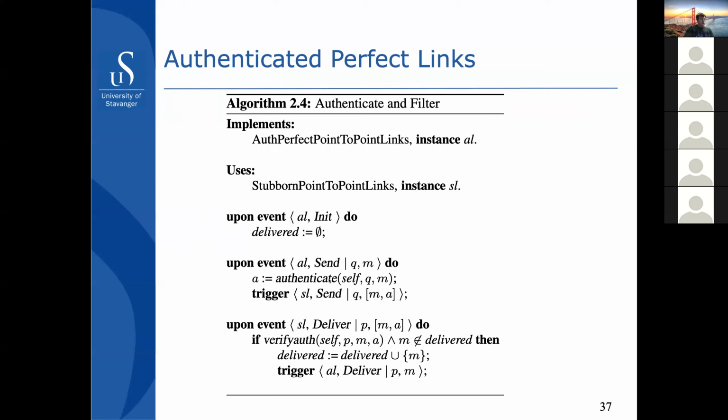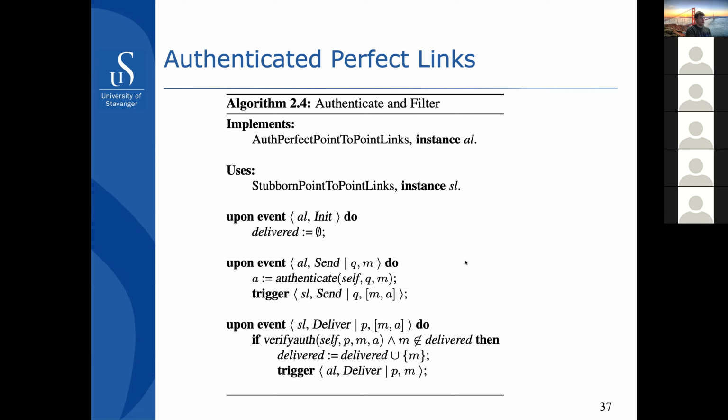So whenever the authenticated links is sending a message, it's first attaching authentication along with the message. This can be a digital signature, or a hash, or a MAC. Typically in this example it would be reasonable to use a MAC, but it would still work.